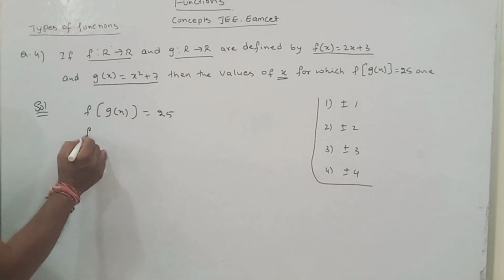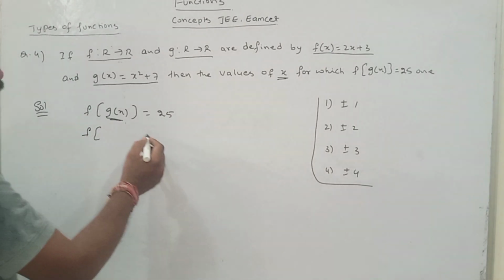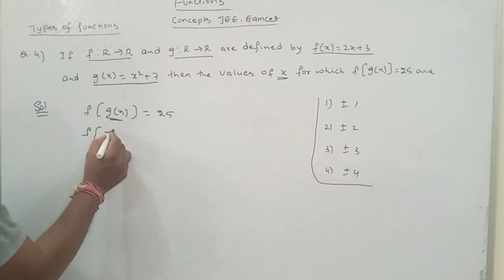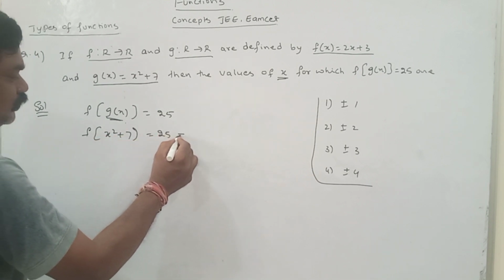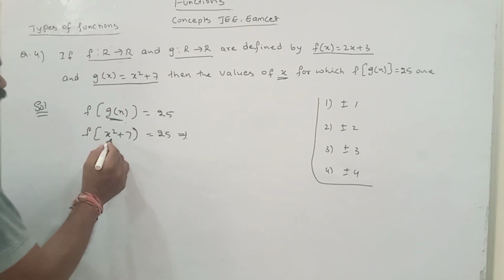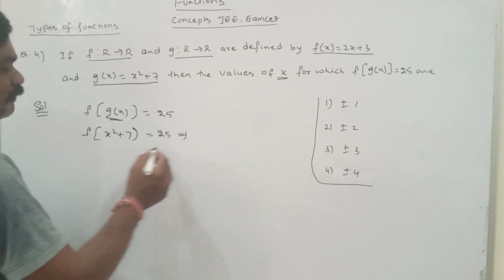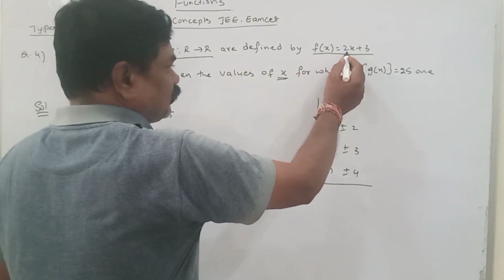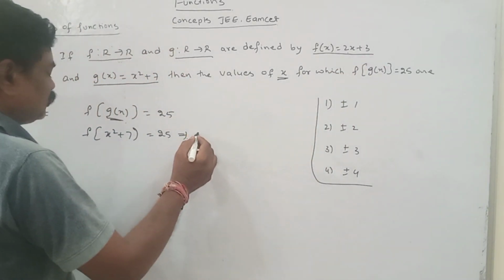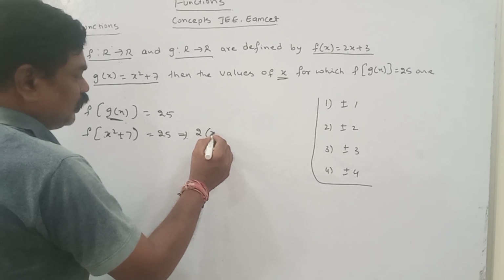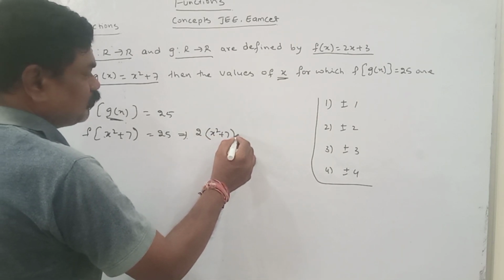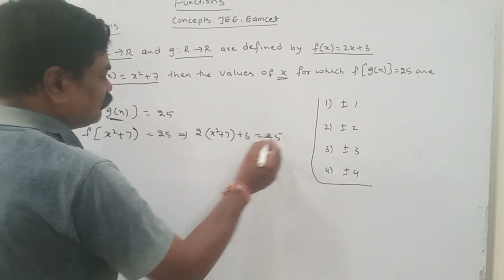So what is g of x? g of x is equal to x square plus 7. This implies f of x square plus 7 is equal to 25, where f of x is equal to 2x plus 3. So 2 into x square plus 7, plus 3 is equal to 25.